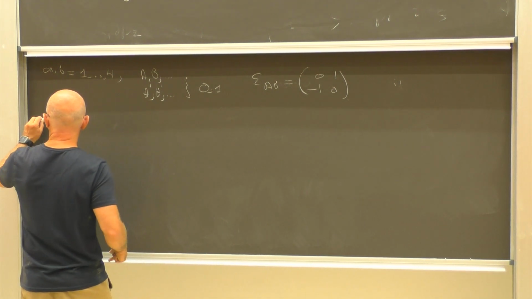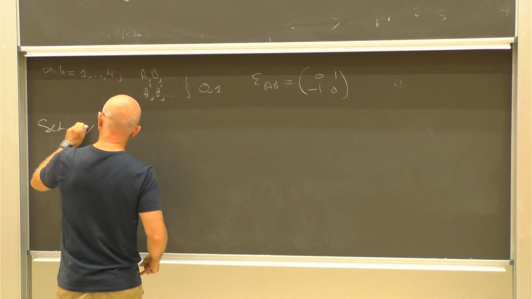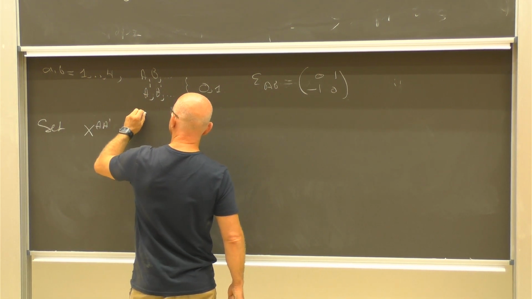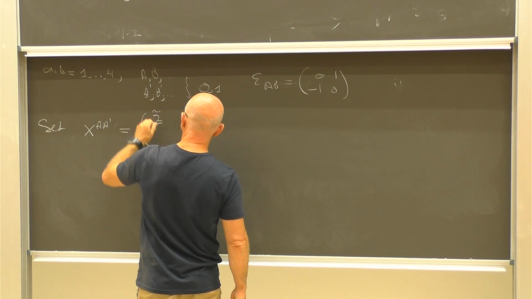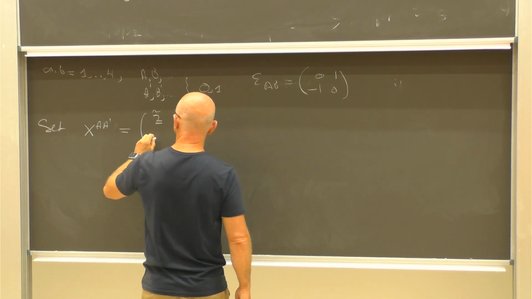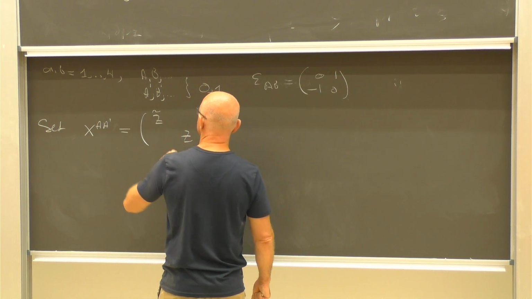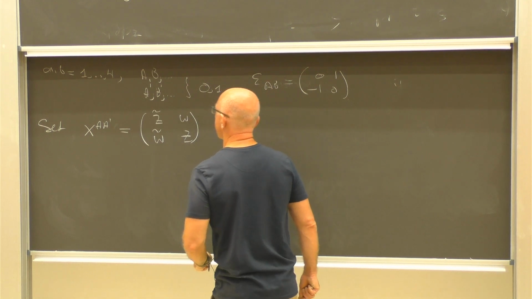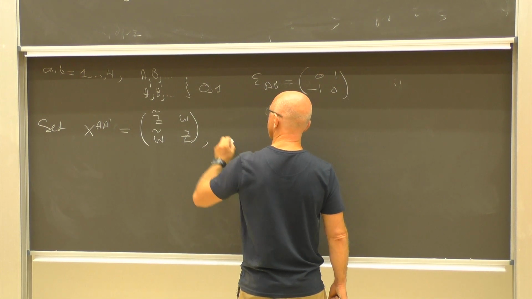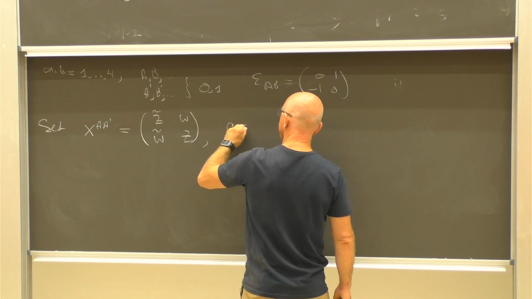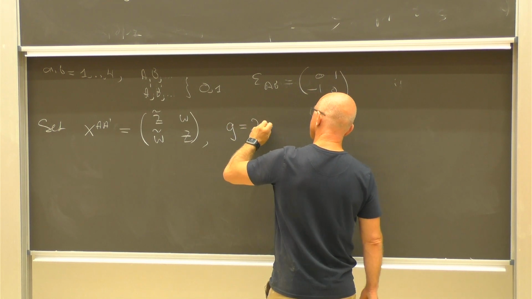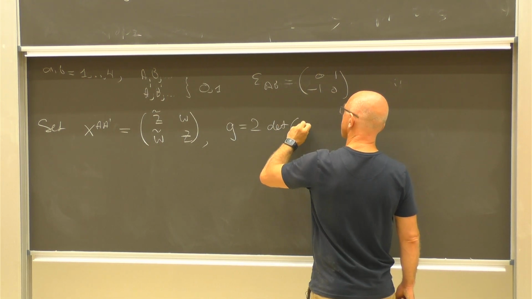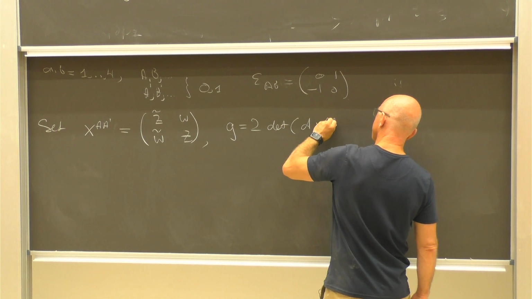matrix. So one sets X AA prime, that's a 2 by 2 matrix, and that'll be Z tilde, Z, W tilde, W, and then G is the same as twice the determinant of dX AA prime.